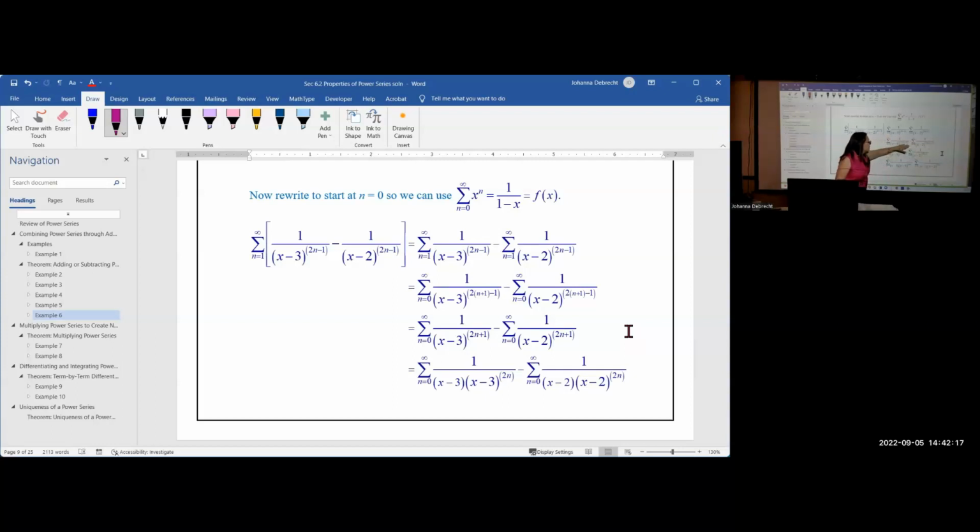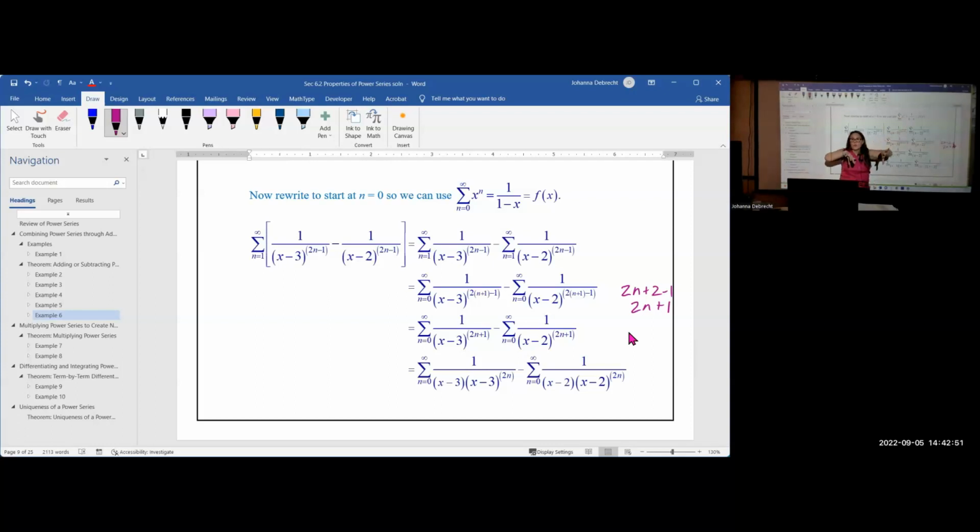All right, and then I look at the power. 2 times quantity n plus 1 minus 1 gives me 2n plus 2 minus 1, which of course works out to 2n plus 1, which becomes the new power on each of these expressions involving x. So I've got the 2 expressions here. Okay, now I need to be able to represent it in this format.